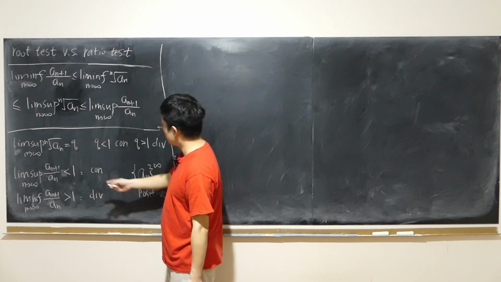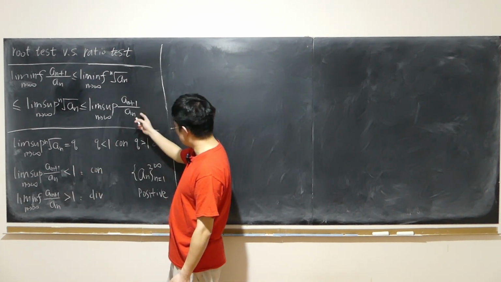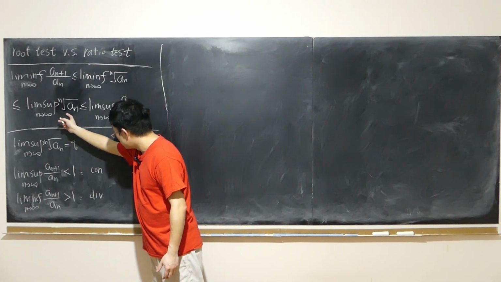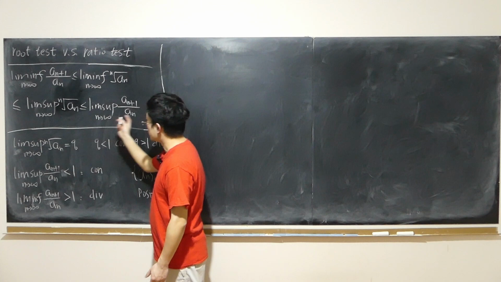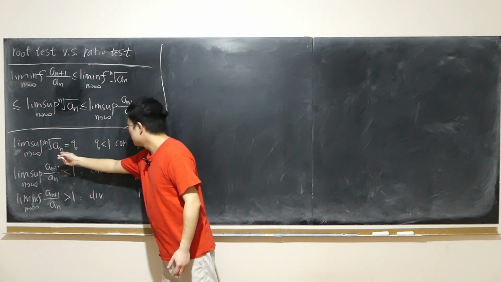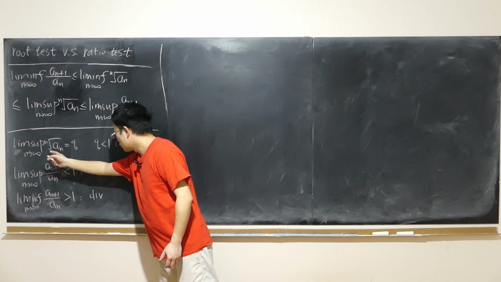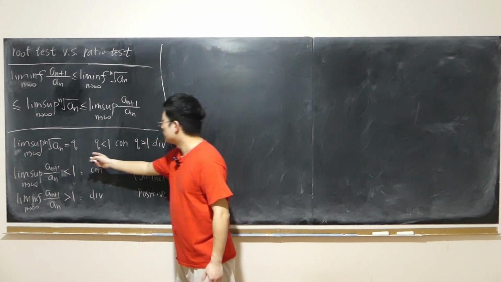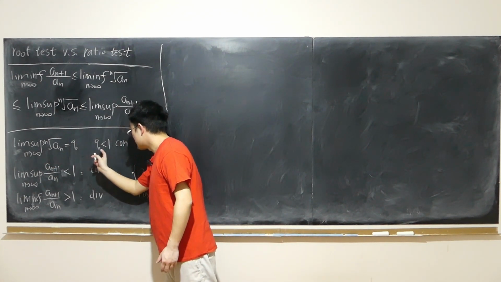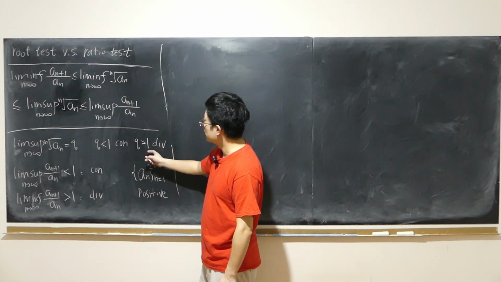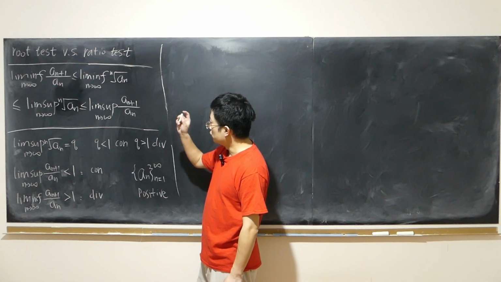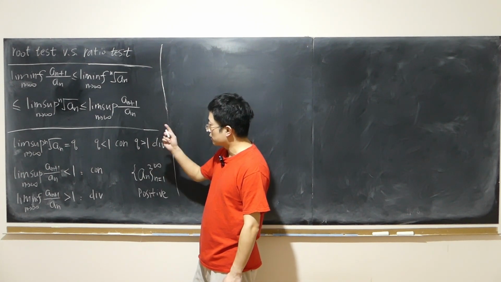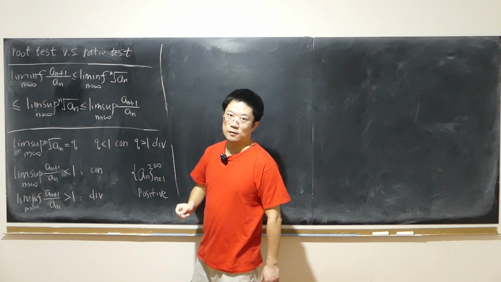And since the lim sup of the ratio is strictly less than 1, the lim sup of the root is also strictly less than 1. Using our Cauchy root test, it is convergent, meaning the root test also succeeds.